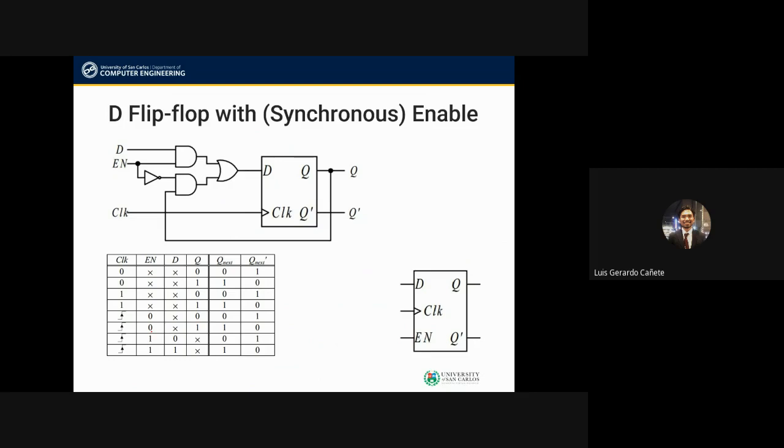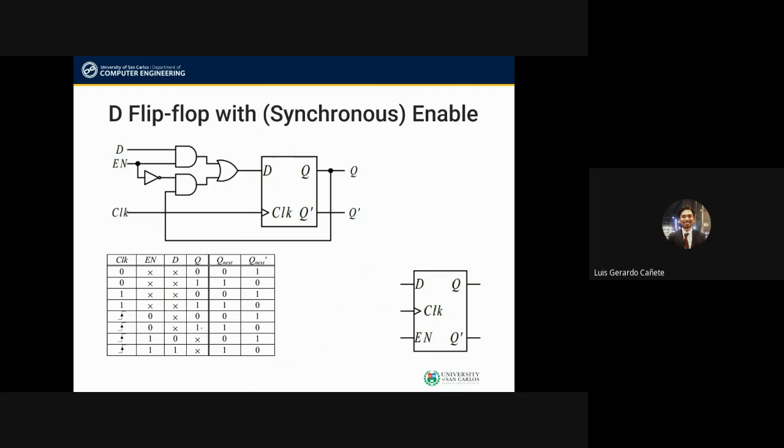So as long as enable is equal to 0, D is irrelevant. Q will still be copied back to itself. Whereas when you have a clock and enable is 1, then the value of Q next will copy the value of D. Okay?